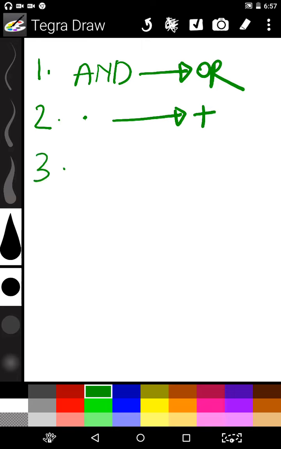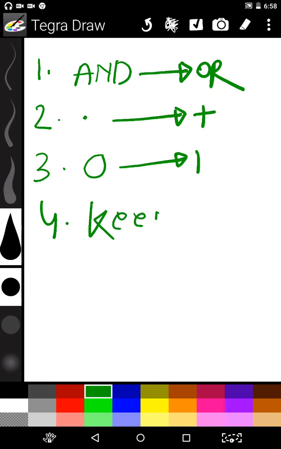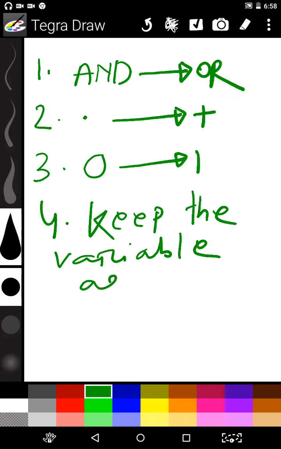Third step, 0 is converted to 1. Fourth step, keep the variables as they are, in the original form.